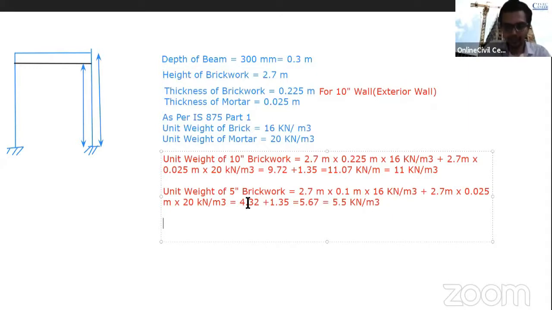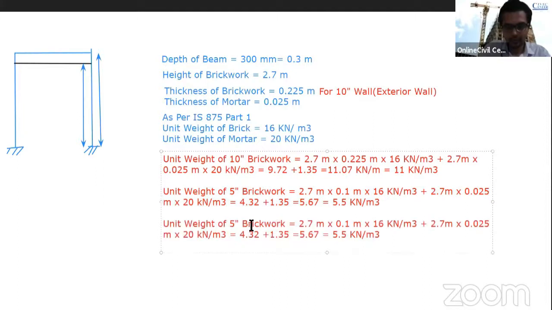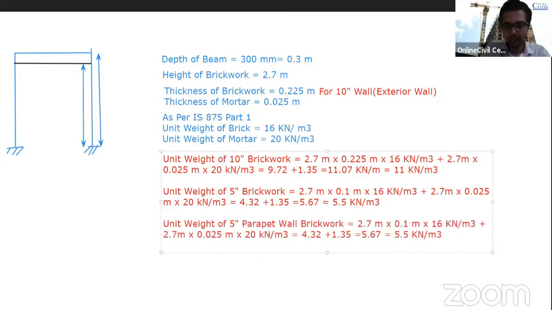Now the unit weight of parapet wall brickwork, 5-inch. The height of the parapet wall, as you know, is 1 meter. Let's find out this value and check here.